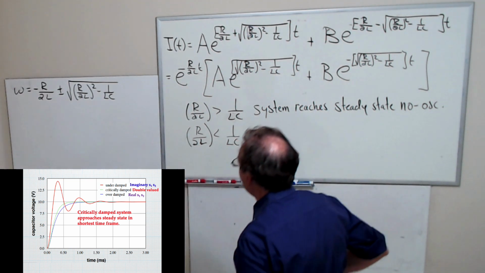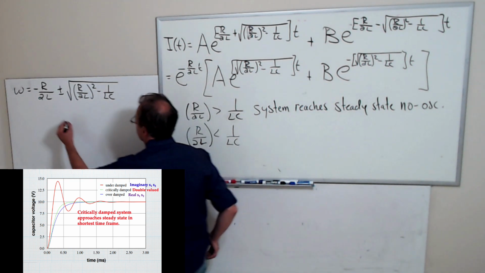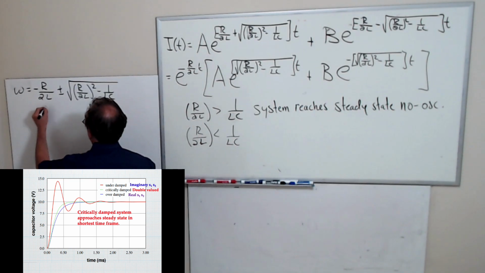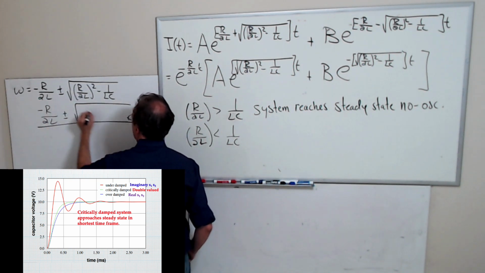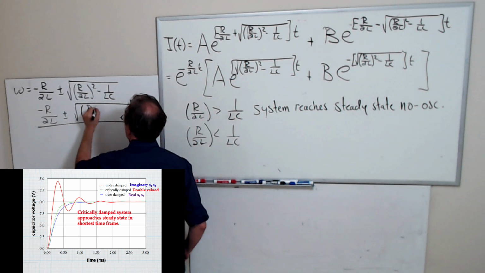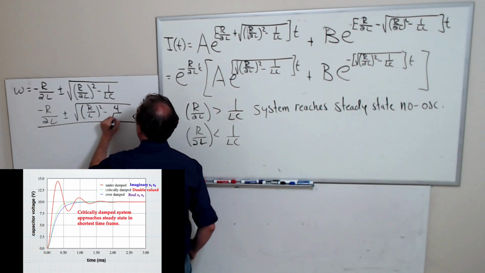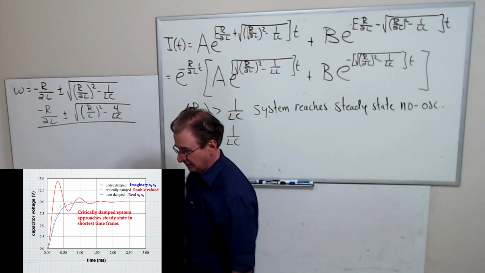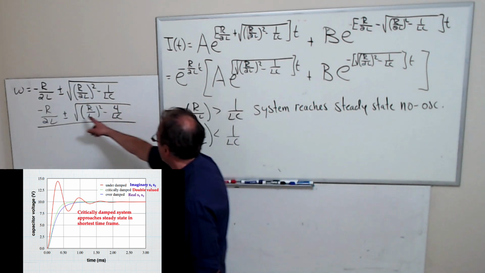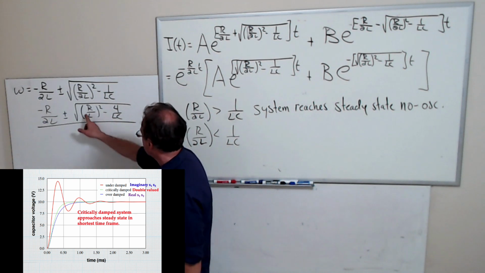Remember, Morgan, I factored out, remember what I had here? And I specifically said factor out a 4. Because if you factor out a 4, you get a 2 over here, and then you get a 2 over there.